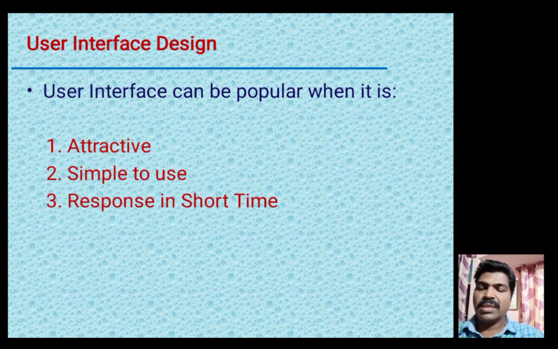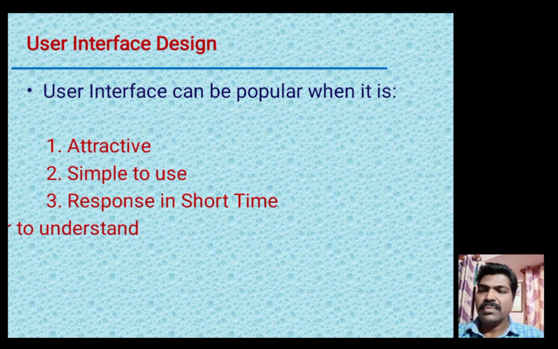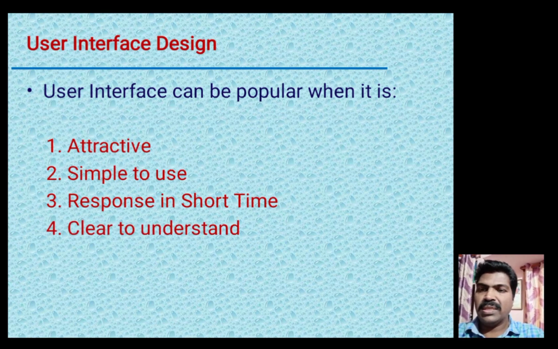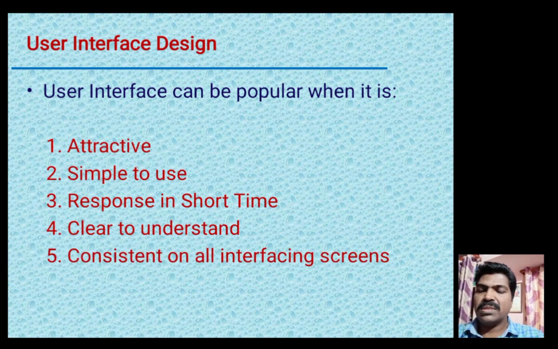Any kind of user with minimum knowledge should be able to use the system, and it should respond in a very short time. Like, if you're asking for or accessing anything, it should respond quickly, and it should be very clear to understand. By seeing it, any user should be able to use the application or software. And next, it should be consistent in all interfacing screens.